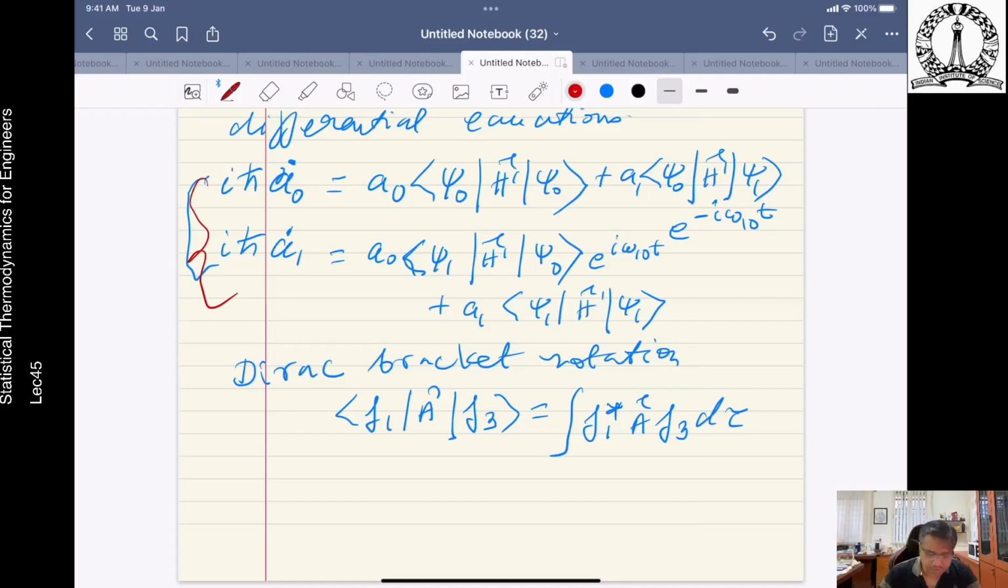Now, if H prime is taken as minus mu E cos omega t in the electric dipole approximation, then the time-dependent perturbation H prime has odd parity, that is, it is an odd function of the spatial coordinates, since mu is equal to minus Ez.